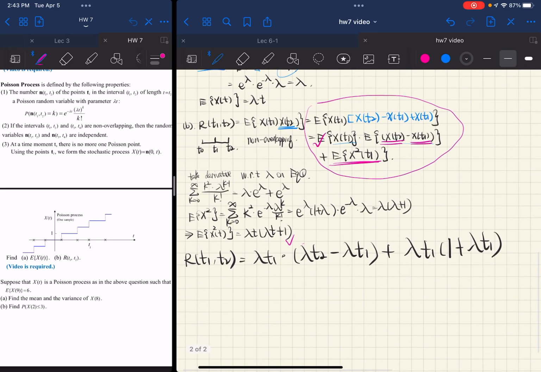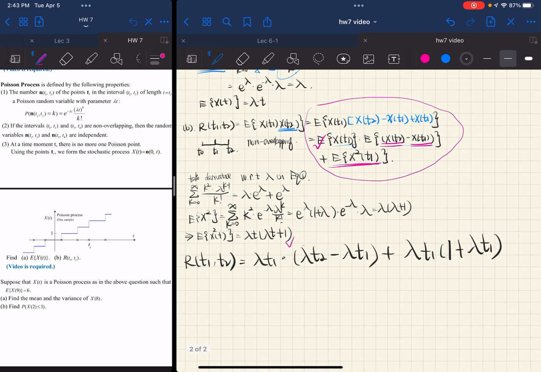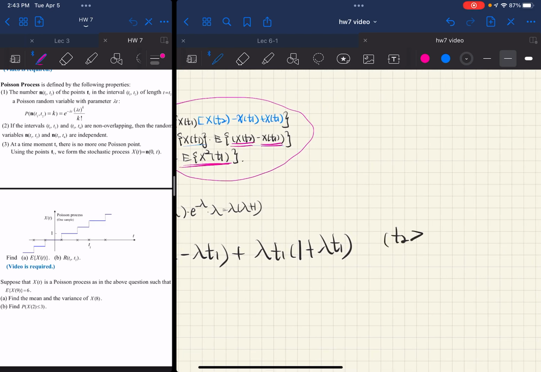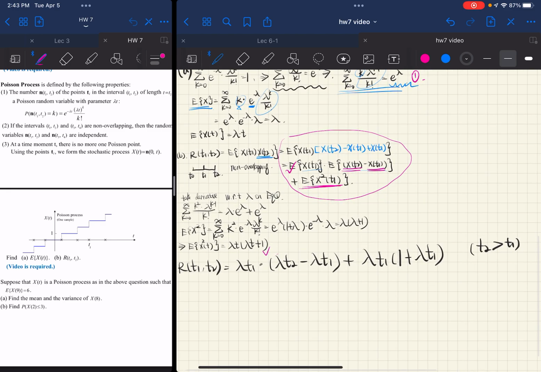After we simplify, based on the assumption that t2 is greater than t1, we get lambda t1 times 1 plus lambda t2.